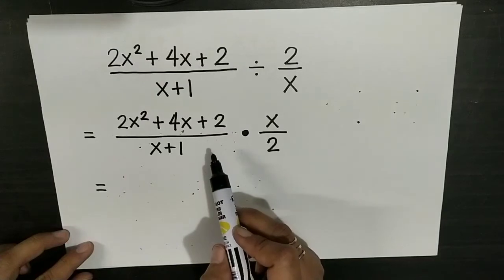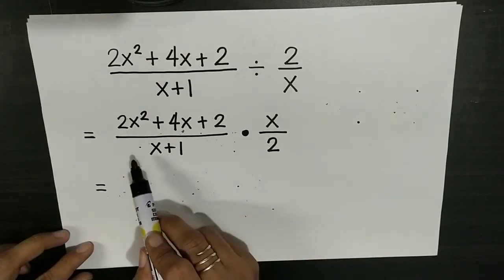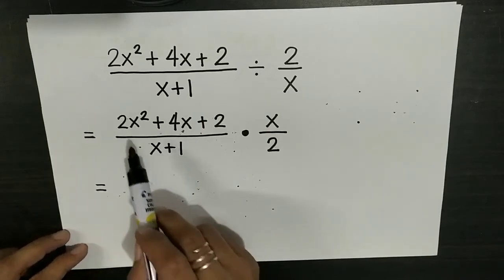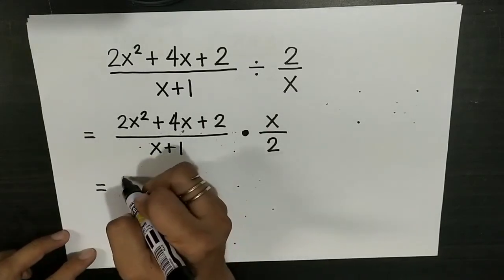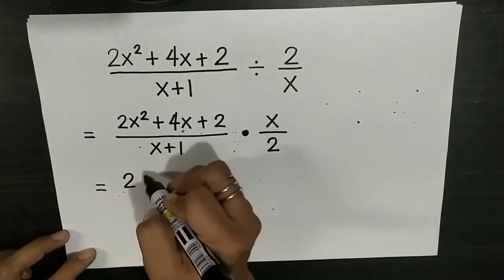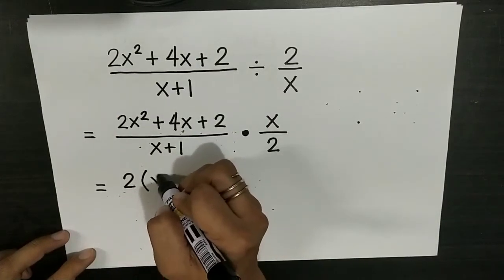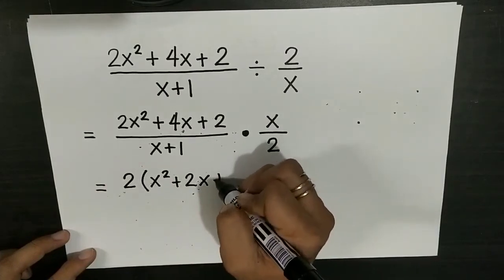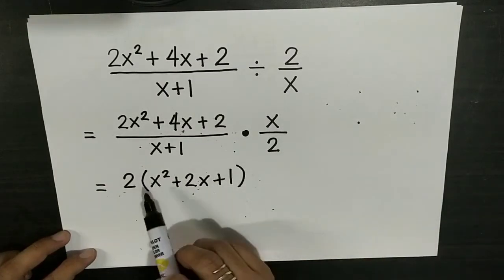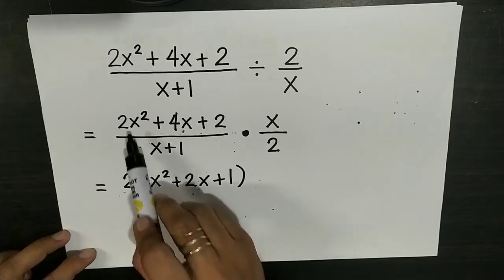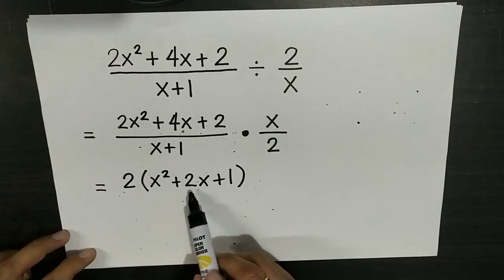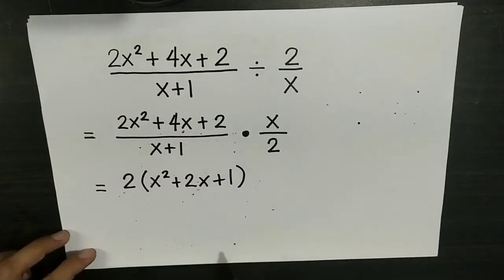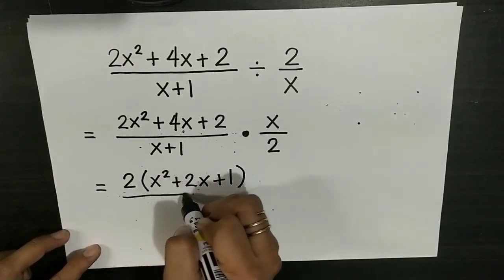You can check it on my YouTube channel, the videos on how to factor polynomials. So this one we can factor out 2. Then the other factor, we have x squared plus 2x plus 1. Alright, to check, 2 times x squared is 2x squared, 2 times positive 2x is positive 4x, 2 times 1 is positive 2. Okay, so we are correct with our factors.